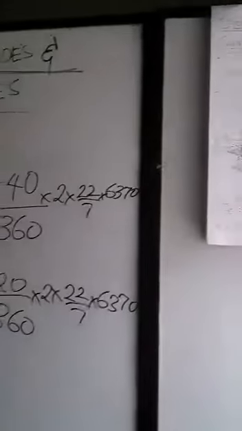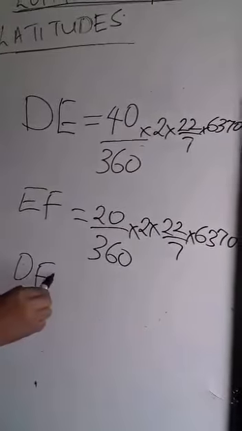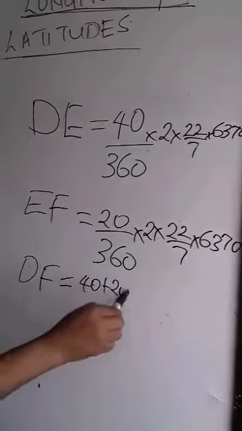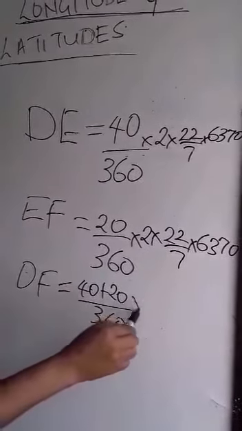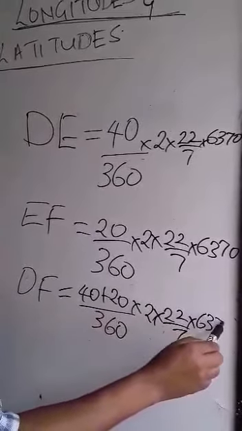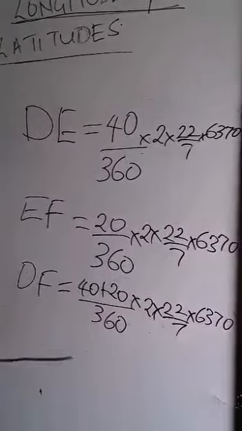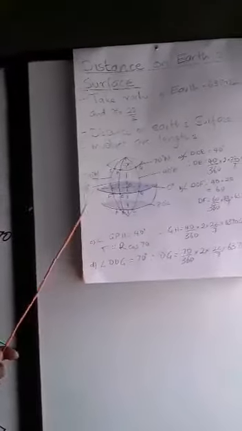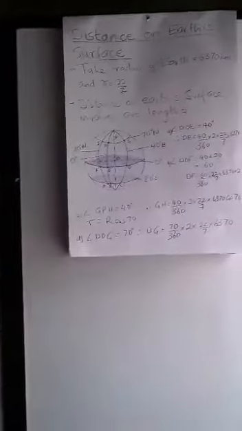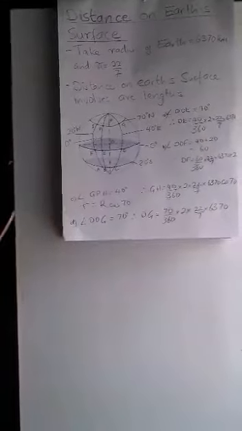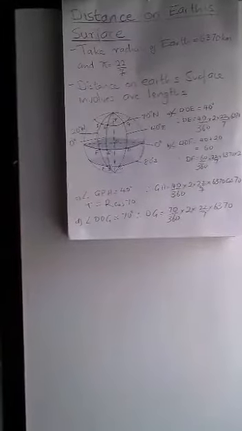And therefore, arc length DF will be 40 plus 20, all of it over 360 times 2 times 22/7 times 6370. You will notice, therefore, when the angles are from east to west, we are adding. Because what is most important to us is to see the total angle subtended by a given arc.